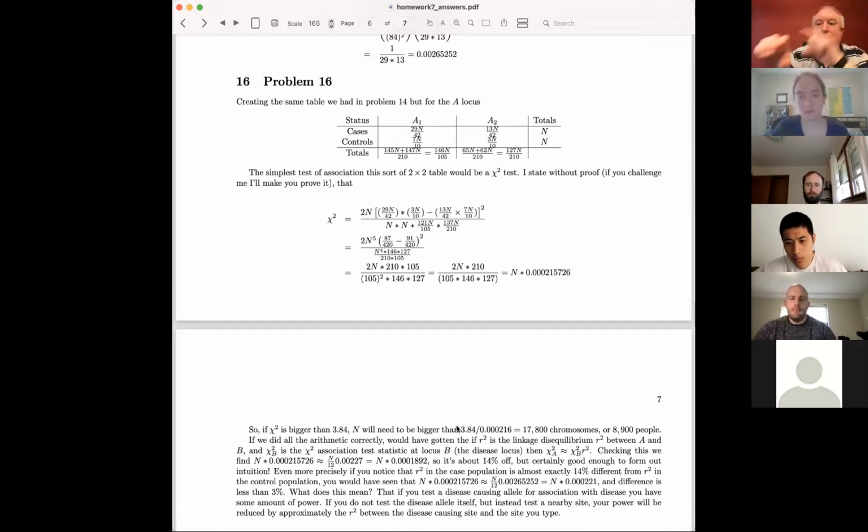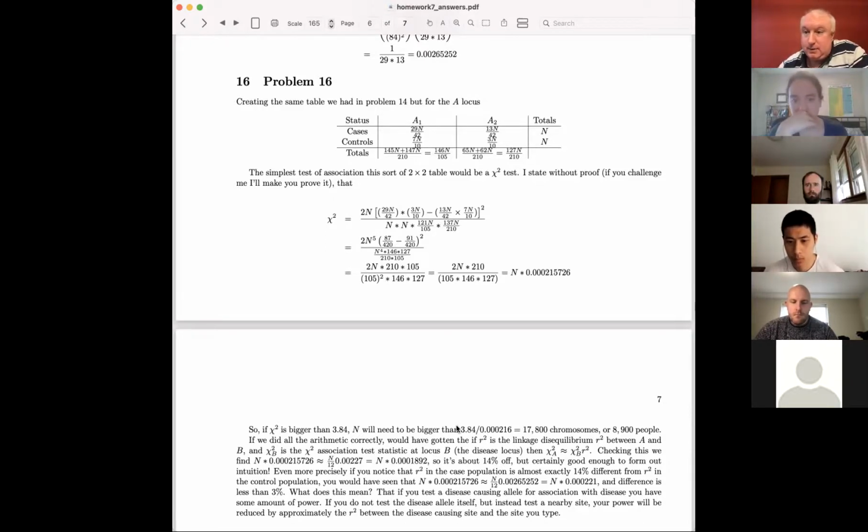The value you get at the other thing is decremented by the proportion of the variance explained by their relationship to each other, by the r squared. The r squared between them is really giving you the sense for how much power you're going to lose by testing not the thing that causes disease, but something else nearby, say.